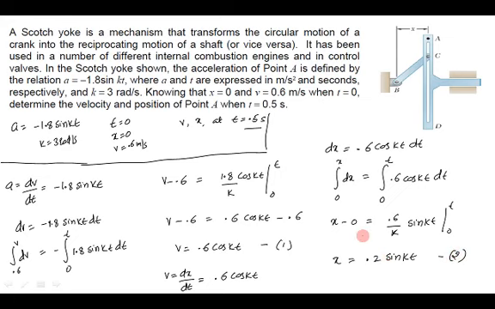So we have to find the position and velocity at time t is equal to 0.5. So let me rewrite our equation number 1 and 2. That is, for velocity v, we have v is equal to 0.6 cos kt meters per second, and x equals 0.2 sin kt meters.